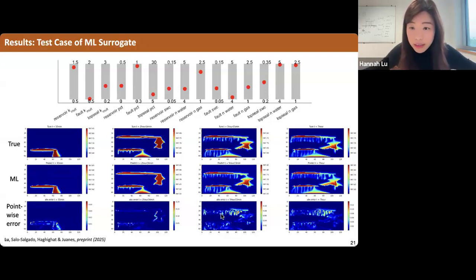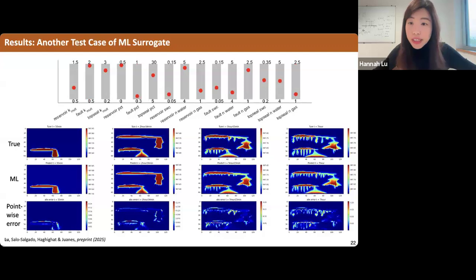I want to point out that this is a very challenging task because a big part of the error is attributed to the point-wise distribution of fingers from hydrodynamic instability. But overall, the plumes have been matched pretty well.